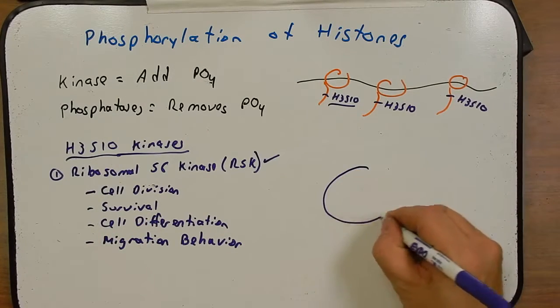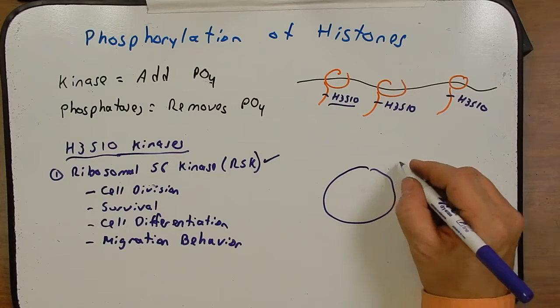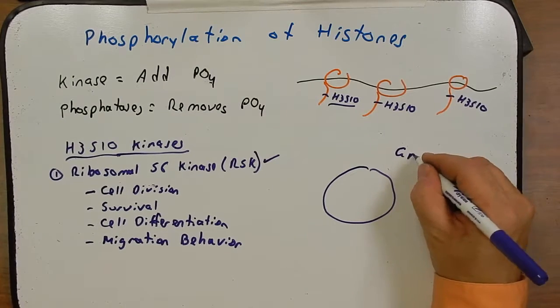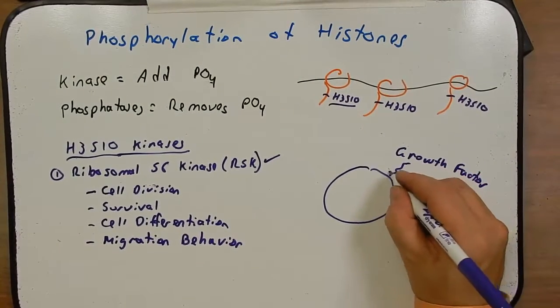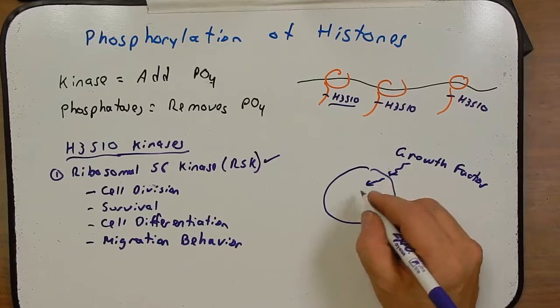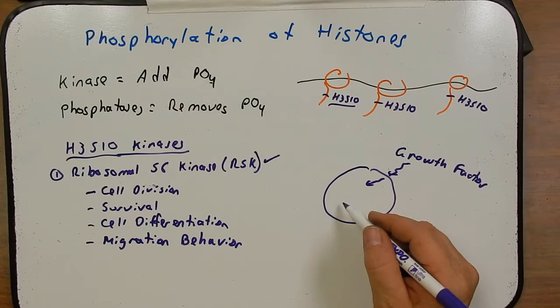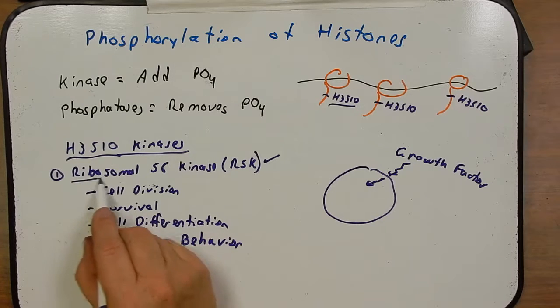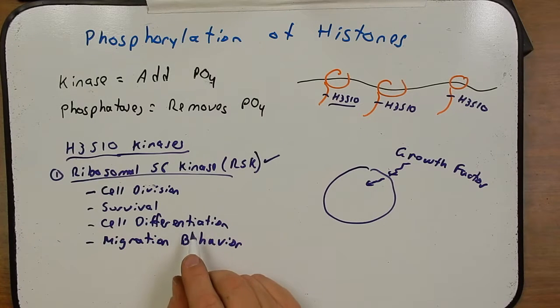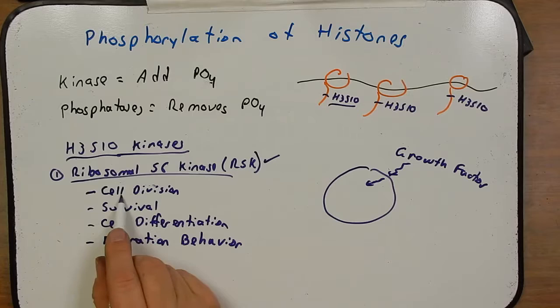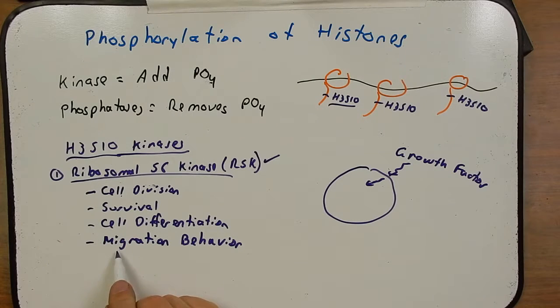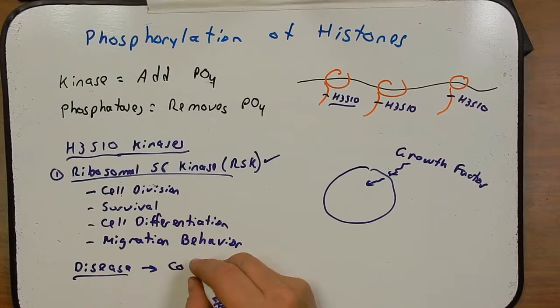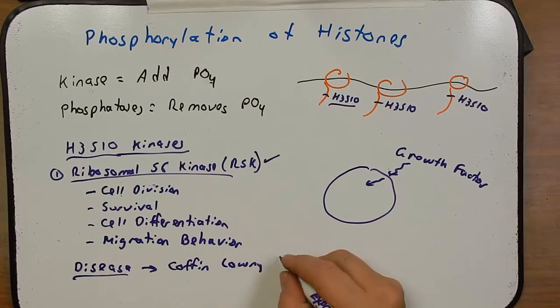Ultimately, and I should say initially, what they respond to are usually some kind of growth factor that interacts with a cell and then sends a signal to various downstream pathways that will ultimately activate the RSK. And then it will have an effect on these four and other activities. Mutations in RSKs can lead to this disease that's called Coffin-Lowry syndrome.